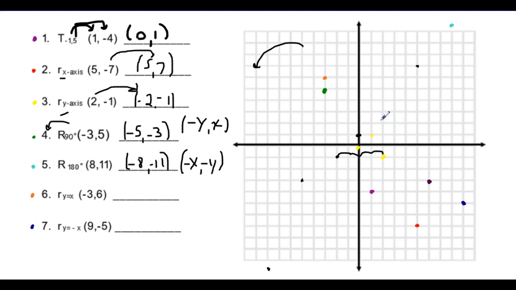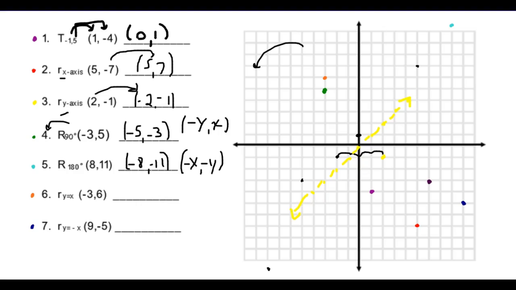It passes through these points here. If x is 1, y is 1. If x is 2, y is 2. If x is -1, y is -1. Whatever x is, y is. Y is the same as x. So I'm just going to connect them with a dotted line. That's what the line y equals x would look like.